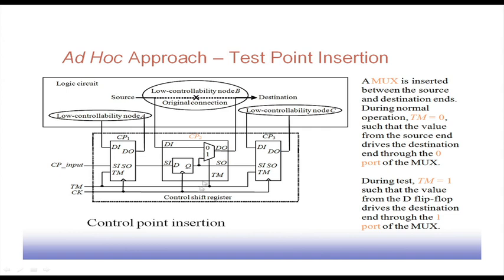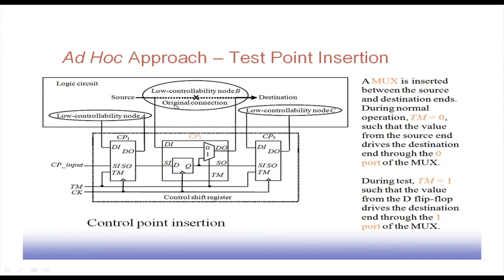Now, for the normal operation of the system, this test mode, this TM input, is 0. As a result, this data input line will be coming from here and it will be going through this DO line to the destination. So, this multiplexer will be transparent. From DI line it will come to DO line and go to destination. So, as if this connection gets established.